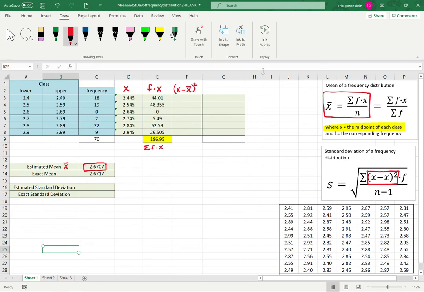We have our x value in column D, and we have our mean down here in location C13. So we want to take each x value one by one and subtract the mean, and then we need that quantity squared.